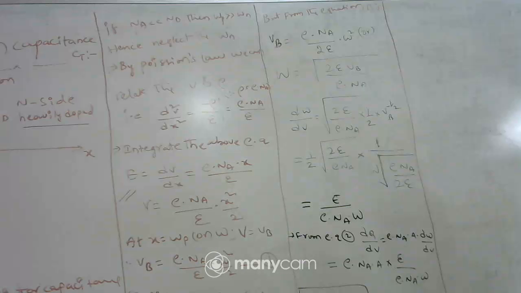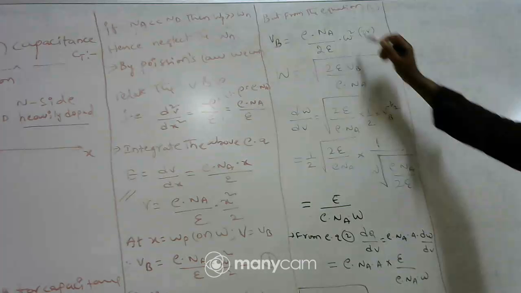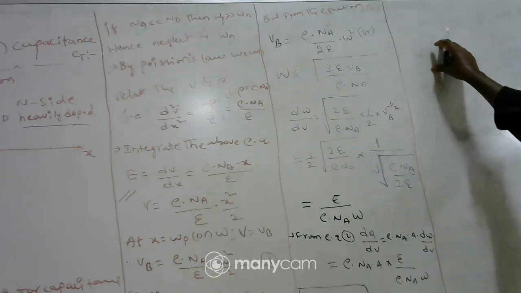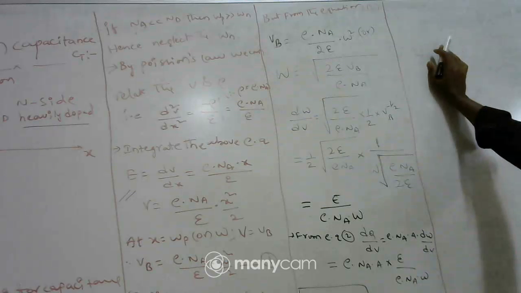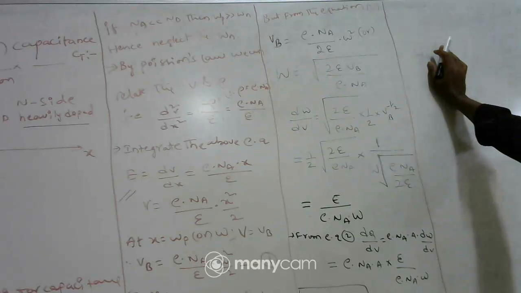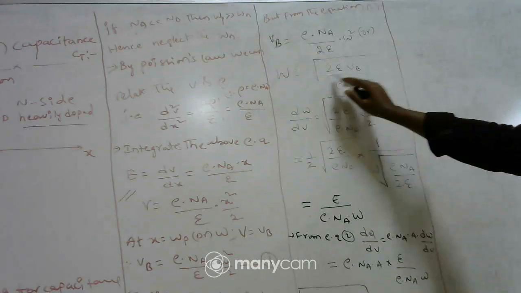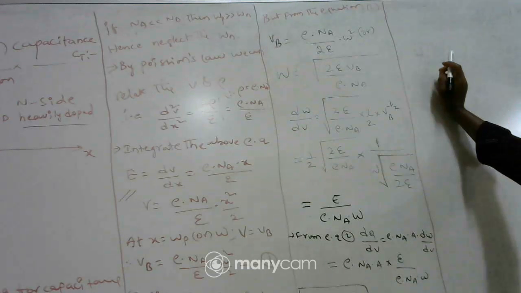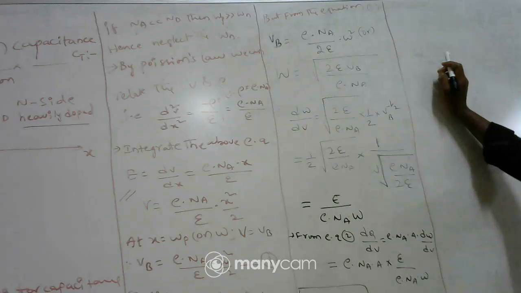Then from the first equation, VB is equal to e into acceptor ions in the P region by 2 epsilon omega square. So the width is equal to the square root of 2 epsilon VB by resistivity into acceptor ions.